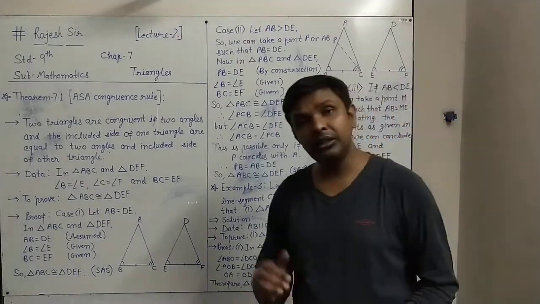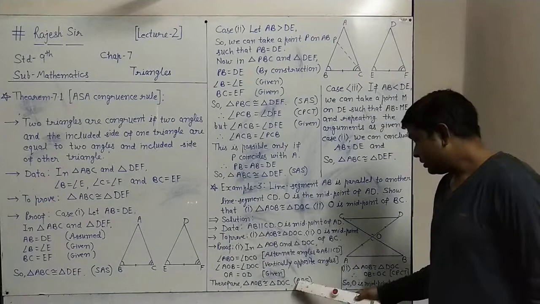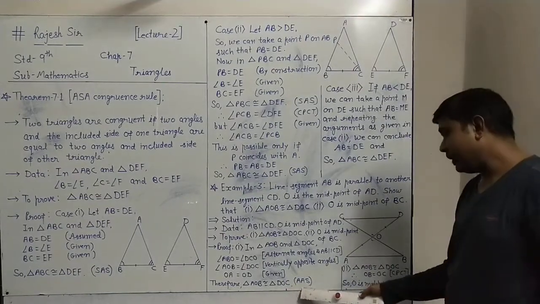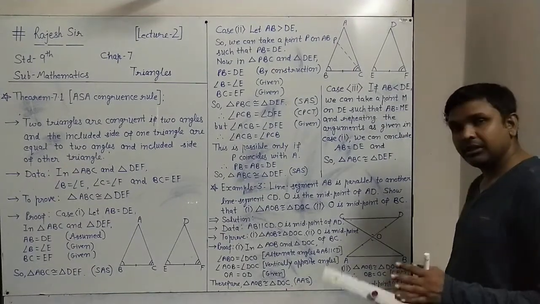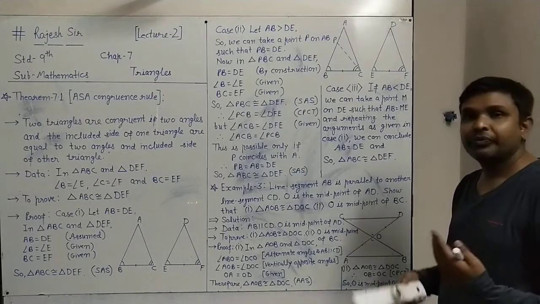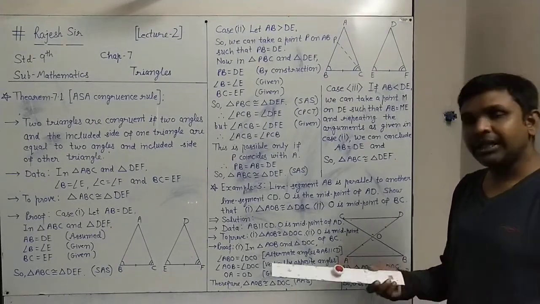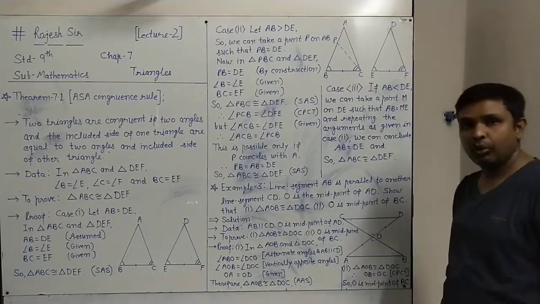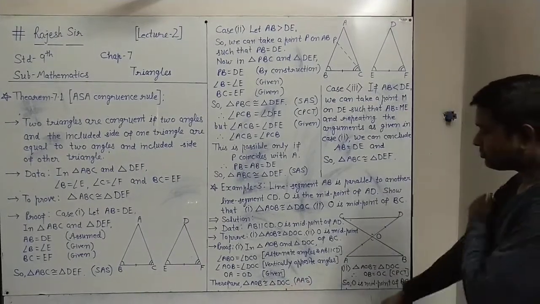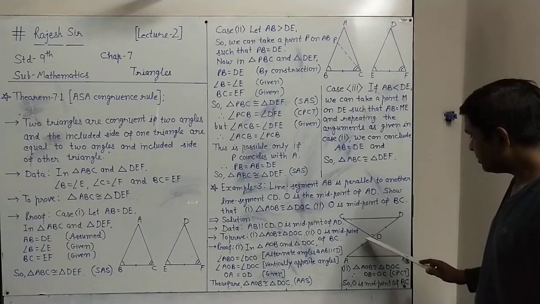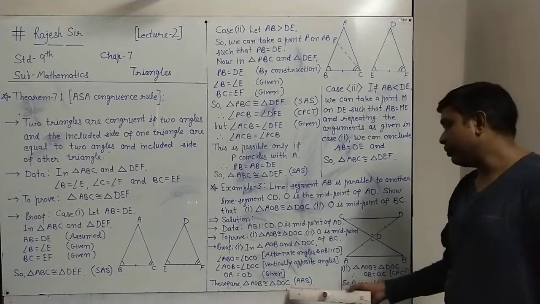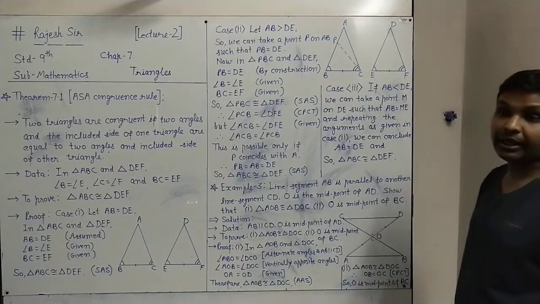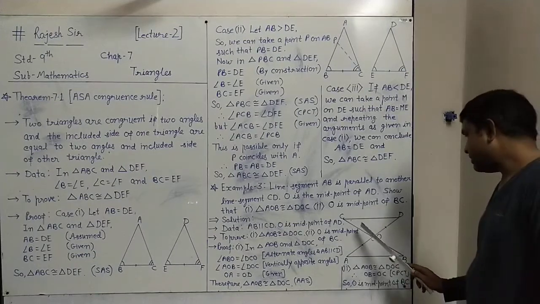AAS you have seen in earlier classes. It shows that if any two angles of two triangles are equal, and any one side of both triangles is also equal, then by AAS both triangles are congruent. So by that rule we can show that these two triangles are congruent. We will write AAS: angle, angle, side.